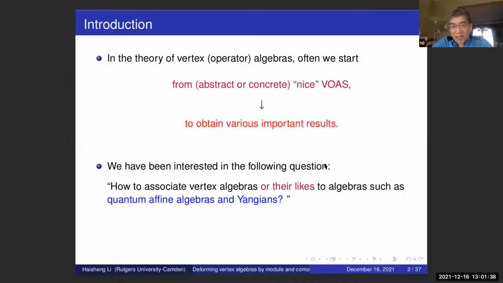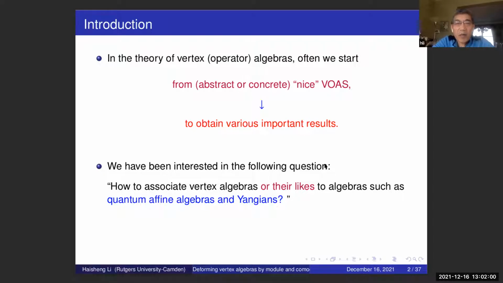But for quite a while, I have been interested in this general question: associating vertex algebras or their likes to algebras, especially quantum affine algebras or Yangians.